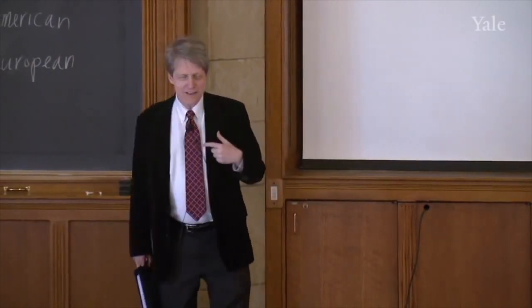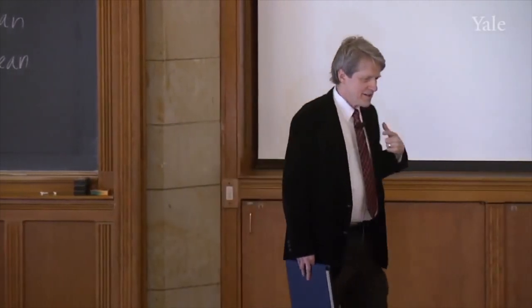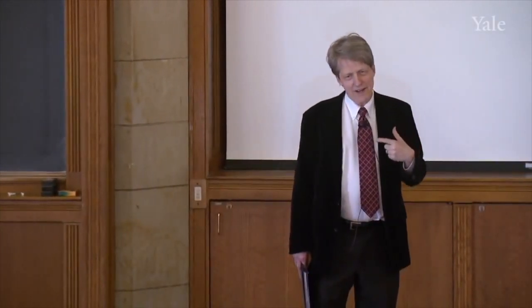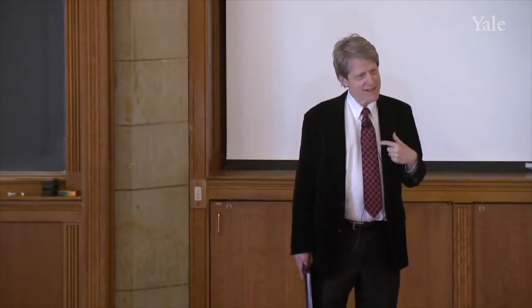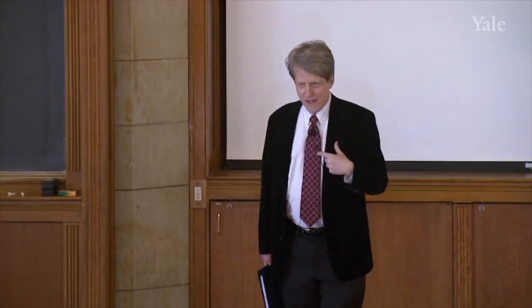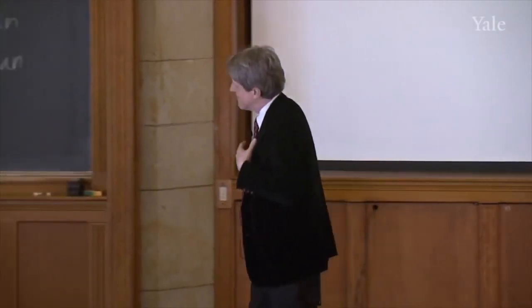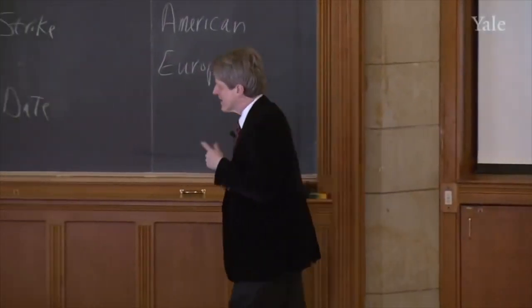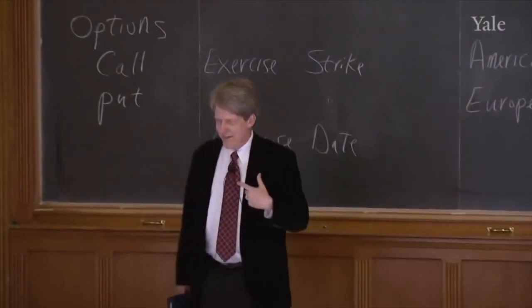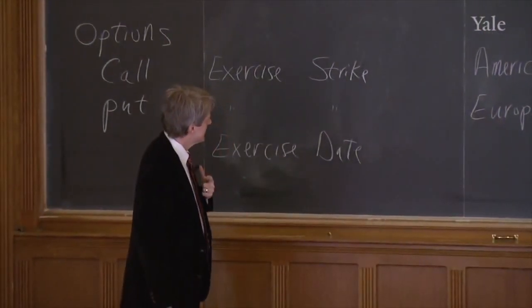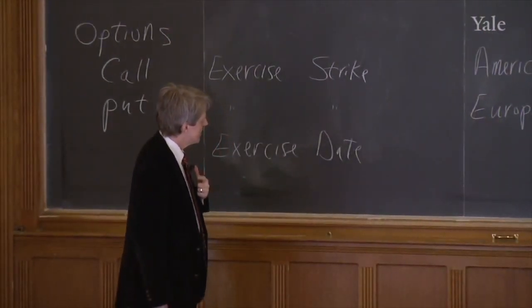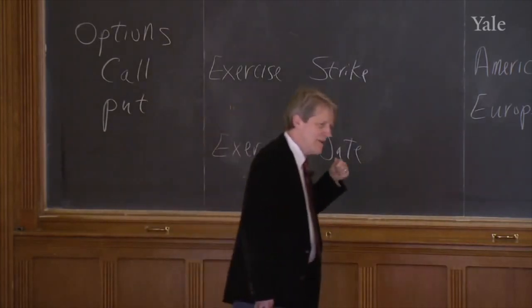But in a sense, let's think about this. Stocks themselves are options, in a sense, with a zero exercise price. Maybe I'll have to get back and explain that in a minute. But let me go ahead to other examples.